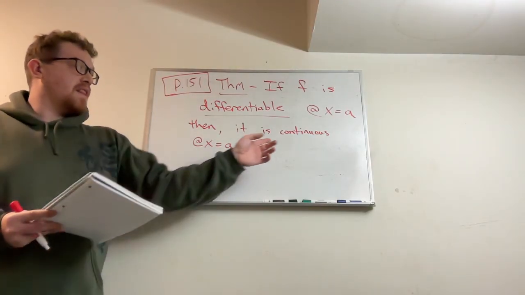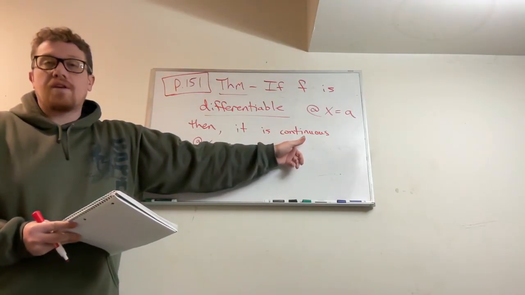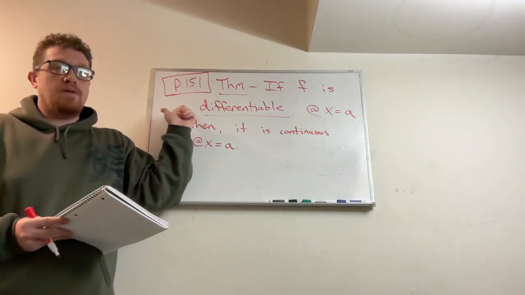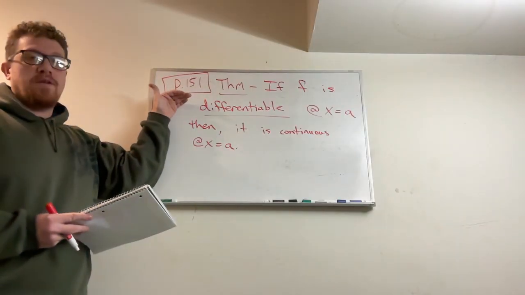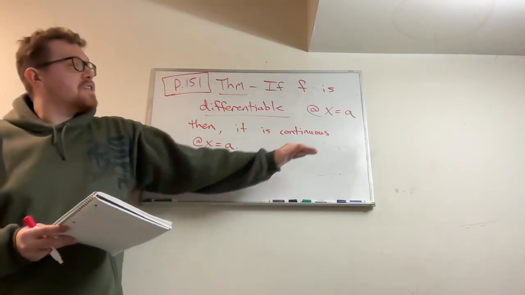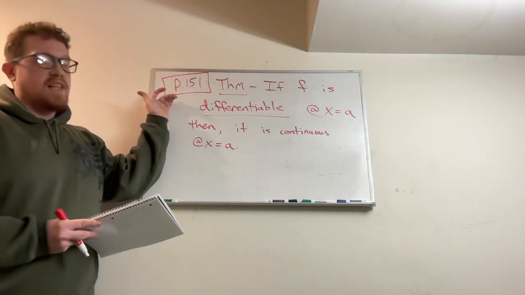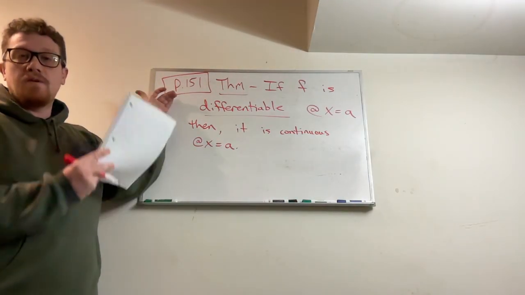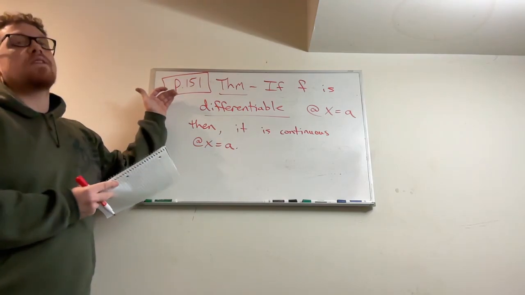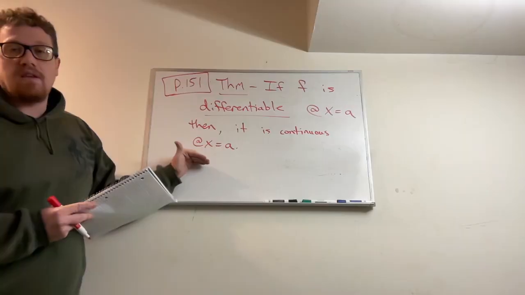So really we're saying that continuous is a less strict notion than differentiable, meaning that if you're differentiable, you're automatically continuous, but just because a function is continuous doesn't automatically mean that a derivative exists at that point. So just because a function is continuous at a point doesn't necessarily mean that it's differentiable, but if it is differentiable, then it's definitely continuous.